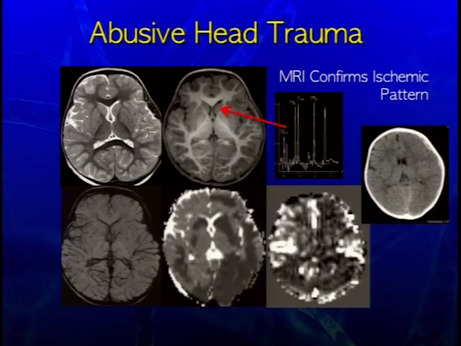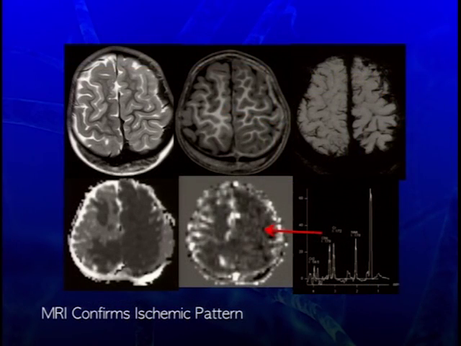On the arterial spin labeling, you can see that areas of involvement in the frontal and posterior region are already showing decreased flow, consistent with ischemic necrosis. A little higher up, again, you can see the increased T2 signal throughout the cortex. Subtle swelling, you can see the subarachnoid spaces are smaller on the left than on the right. And we see some vascular stasis on the susceptibility-weighted imaging with the blooming in the subarachnoid spaces.